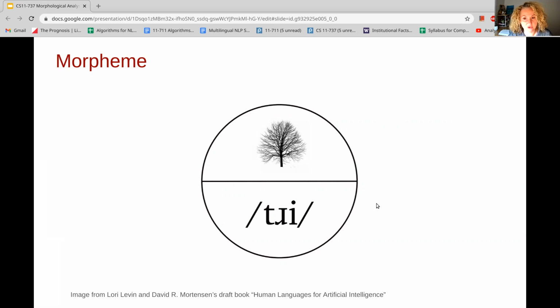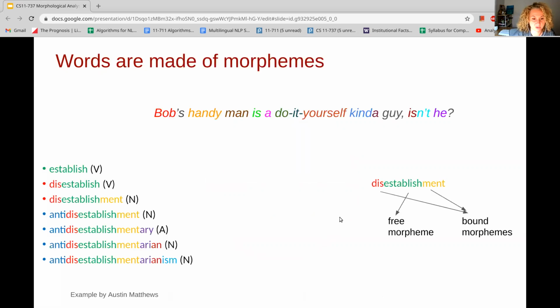And we say that a morpheme is a minimal pairing because we require that it cannot be reduced to smaller subunits. So for example, the plural form of the word tree, trees, will contain two morphemes, tree and s, the plural marker.